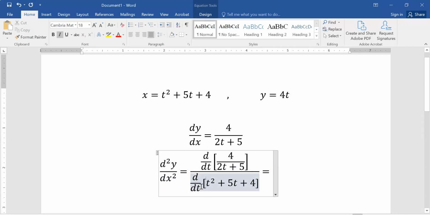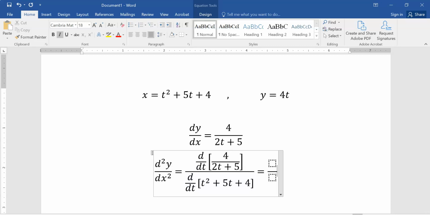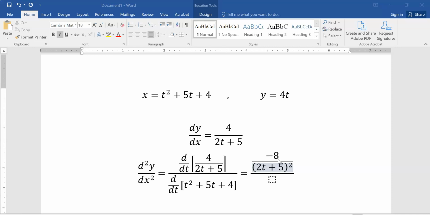So the derivative with respect to t of t squared plus 5t plus 4. Okay, so that's the idea. Now, in the numerator, the derivative of this thing is, I believe, negative 8 over 2t plus 5 squared. The derivative in the denominator is 2t plus 5 once again.